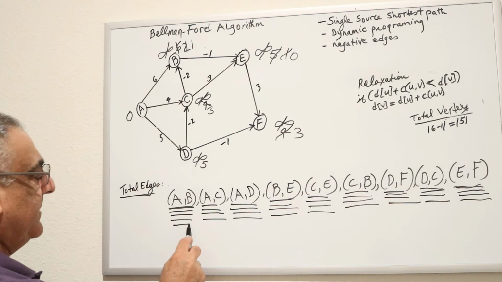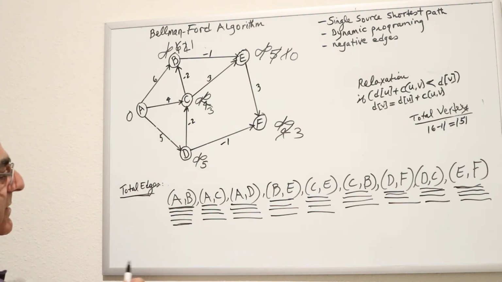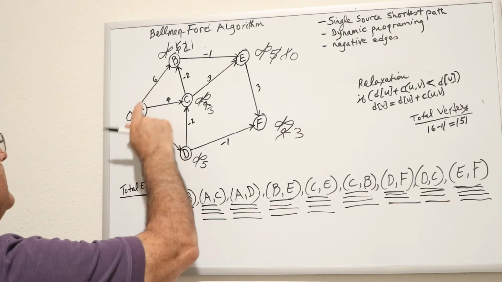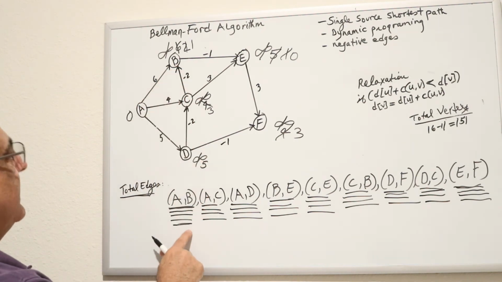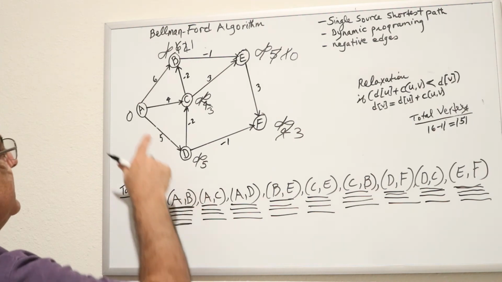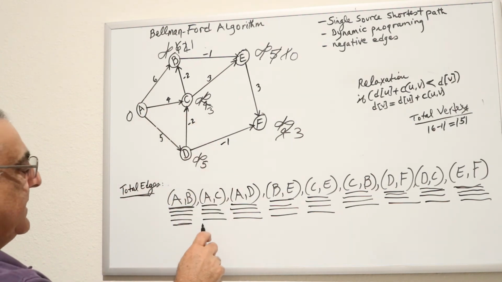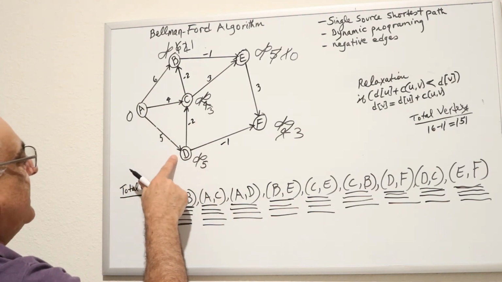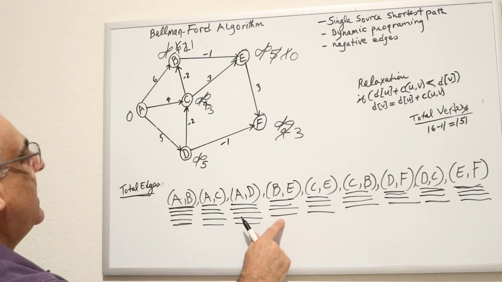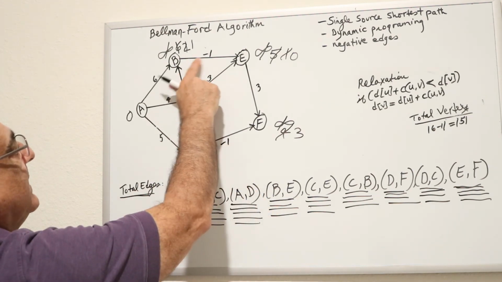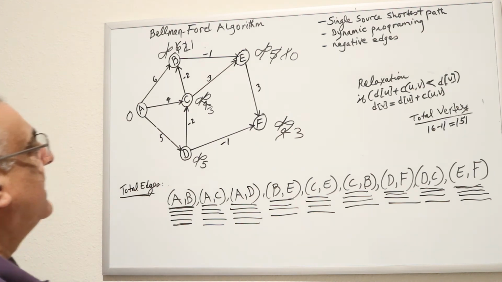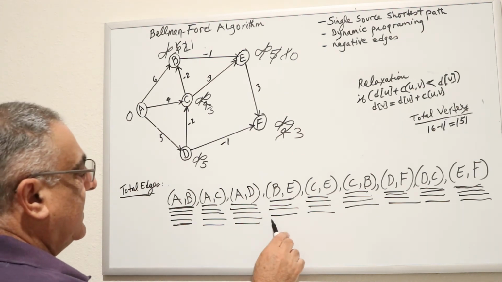I'm going to do it one more time, just to give you the practice here. A to B, 0 plus 6, 1 is better, can't change it. A to C, 0 plus 4, can't change it. A to D, 0 plus 5, can't change it. B to E, 1 plus -1, that's a 0, can't change it.